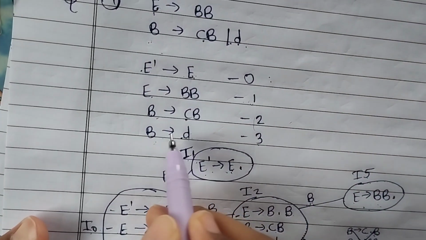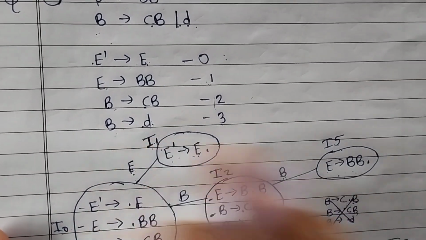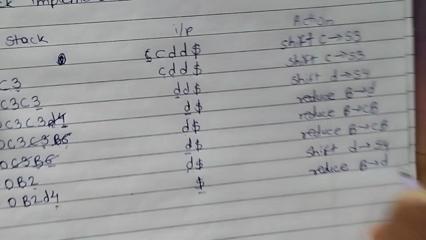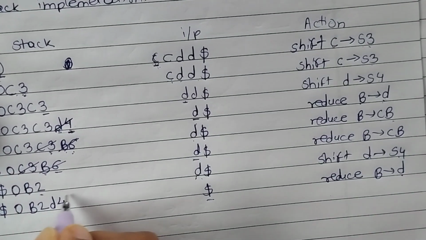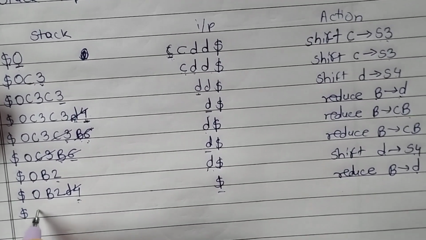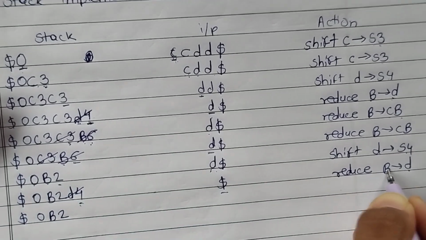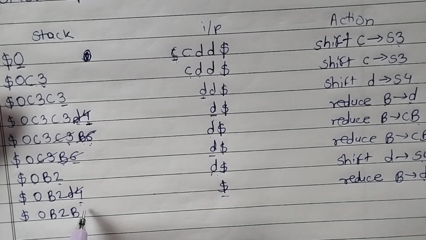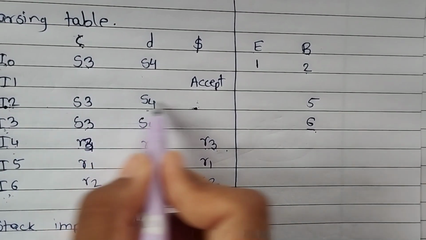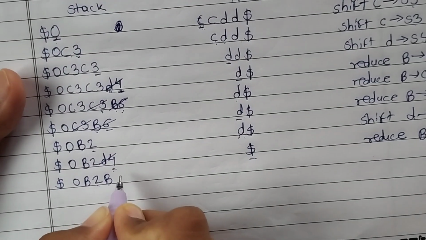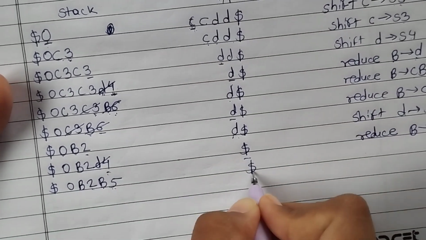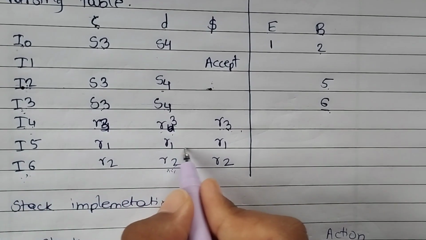The third grammar is B reduces D. So we reduce B to D. This is one character, so we reduce one character and one variable here. $0 B2, and for this we write B. Now we want a number, so I2 and B is 5, so we write 5 here, and $. Now I5 and $ is R1.